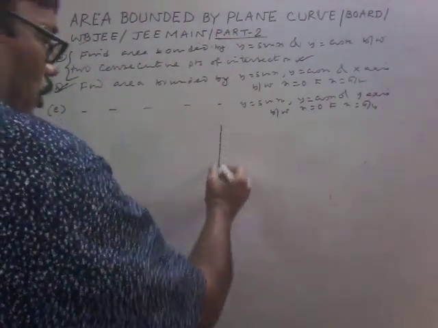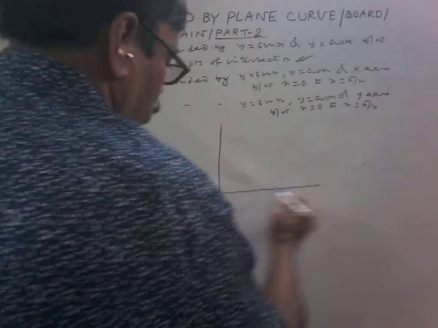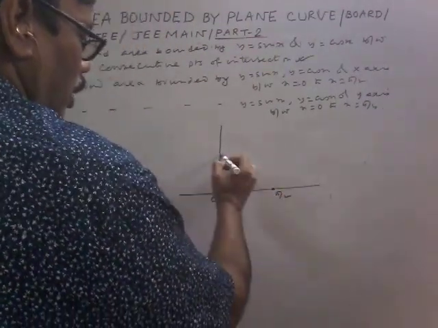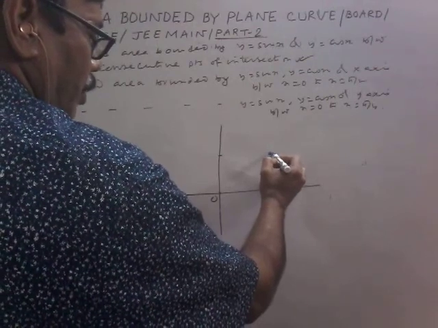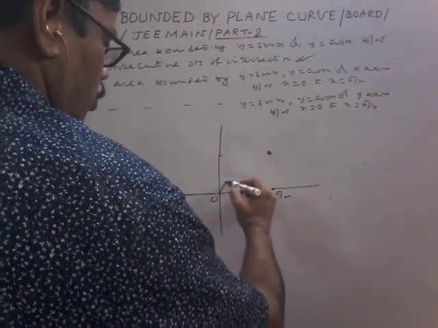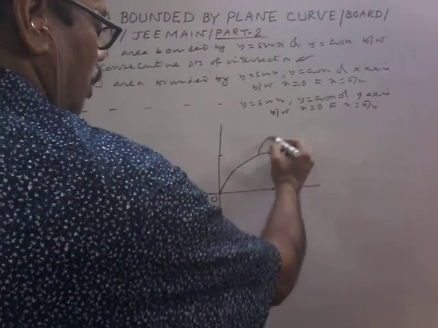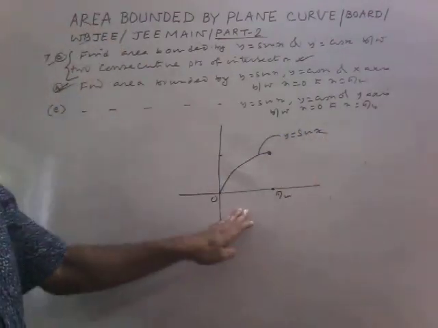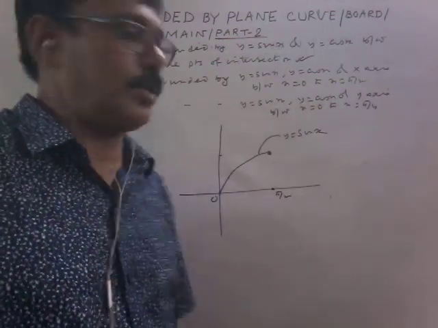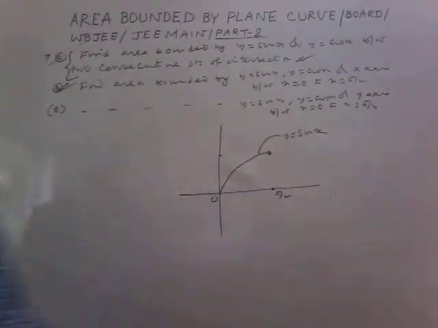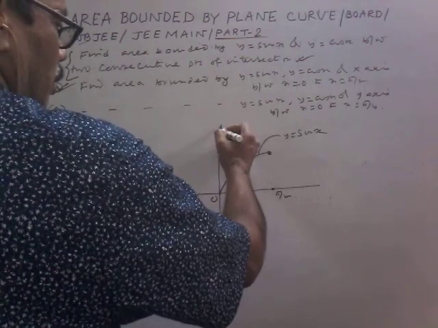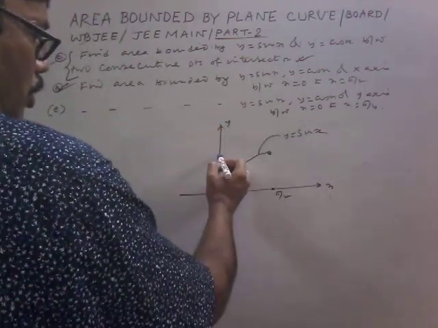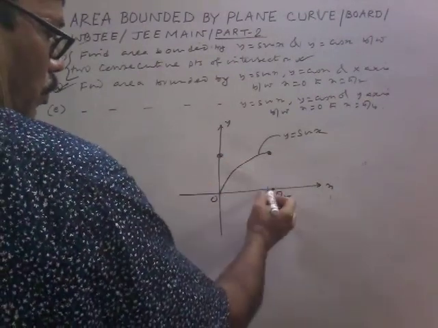So draw the figure from 0 to pi by 2. So this is 0, this is pi by 2 and 1. For the sine curve, you know this type of curve, y equals sin x. We are interested between 0 and pi by 2. Now y equals cos x. Cos 0 is 1, cos pi by 2 is 0.